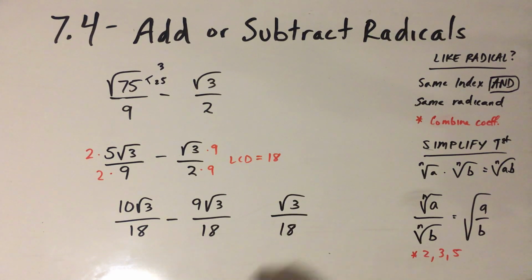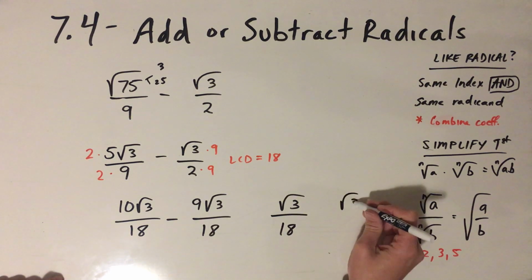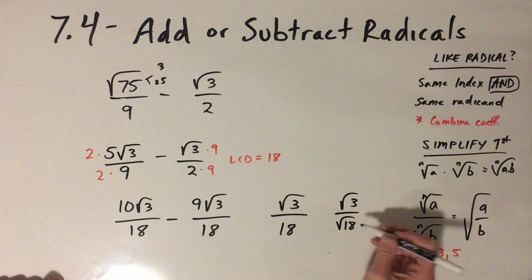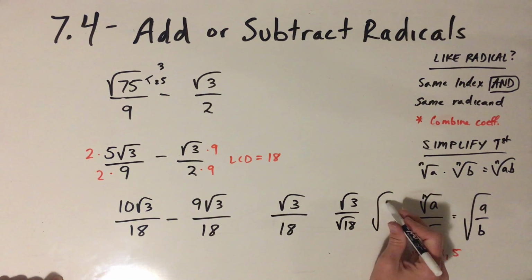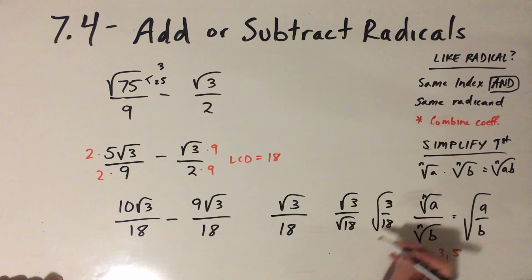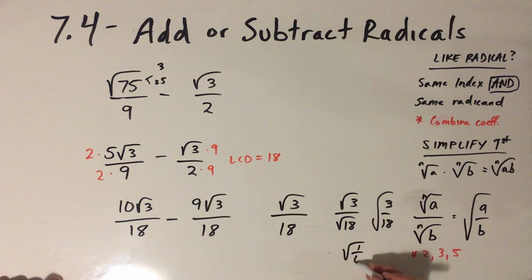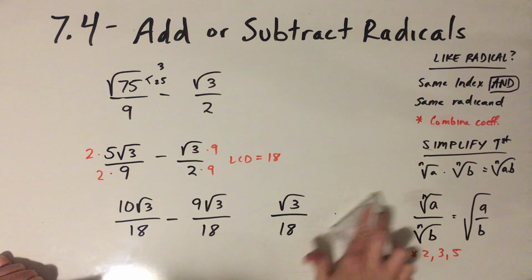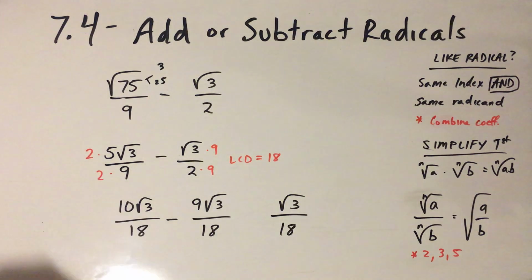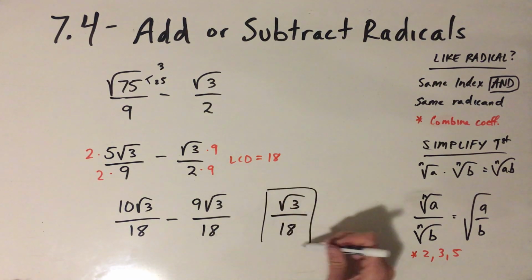So unless they're both underneath, like this, then you can't simplify them, right? I could write this like this and get a 1/6 and simplify it like this, but one of them is under a radical and one of them is not. So in this case, we can't simplify any further. So here would be our answer.